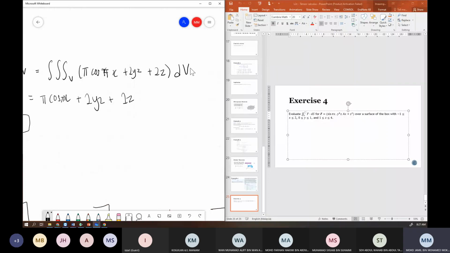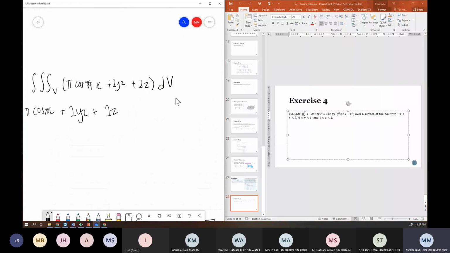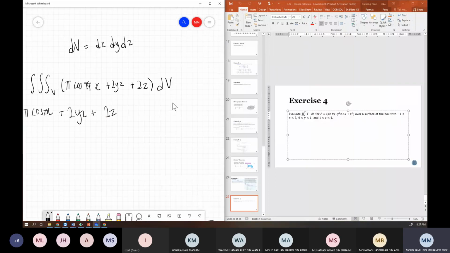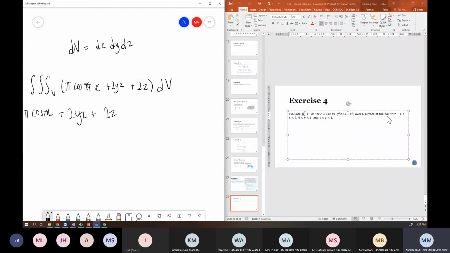Now the volume is a box. The question gives you the volume box, so you need to integrate within the box. So we can convert dV to dx times dy times dz. So let's rewrite this and include the ranges for x, y, and z as well.